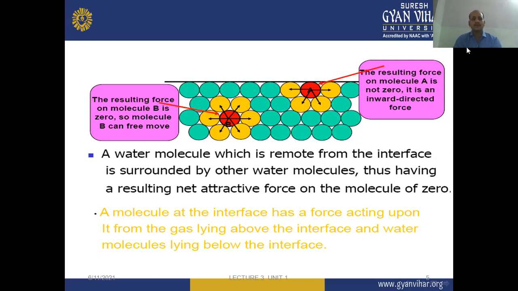A water molecule which is remote from the interface is surrounded by other water molecules, thus having a resulting net attractive force on the molecule of zero. And a molecule at the interface, like molecule A, has a force acting upon it from the gas lying above the interface and water molecules lying below the interface.